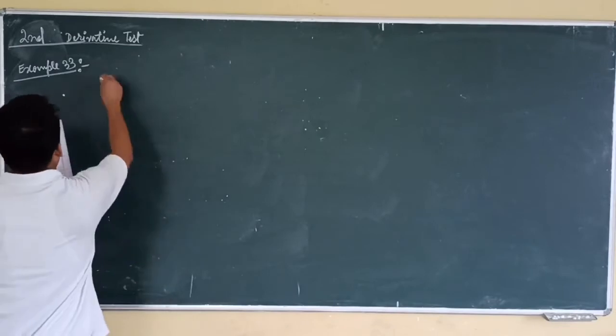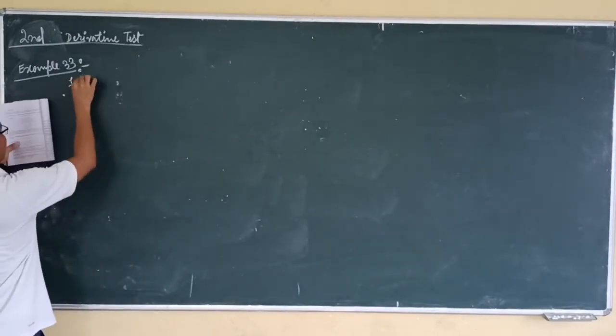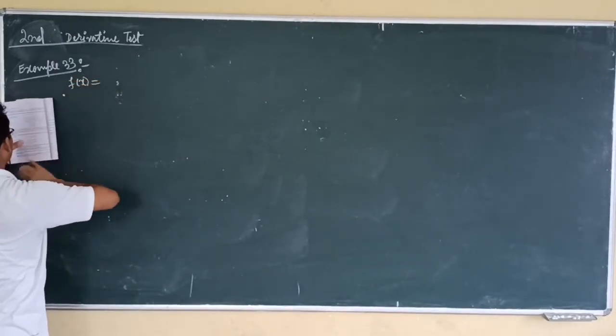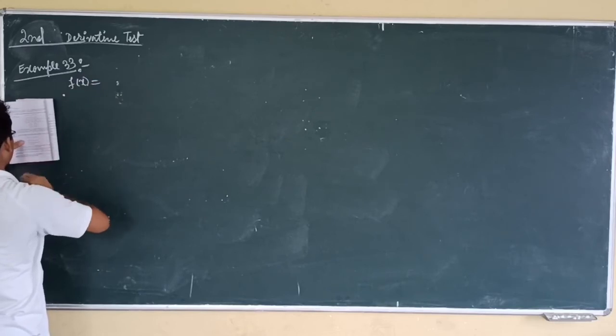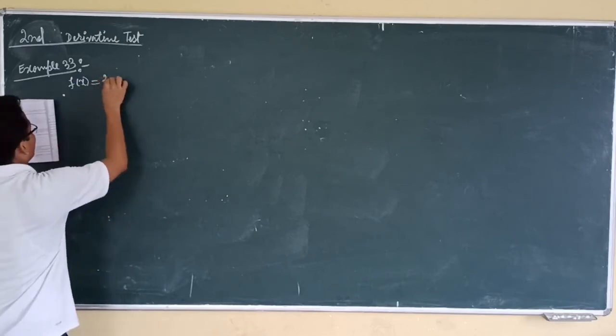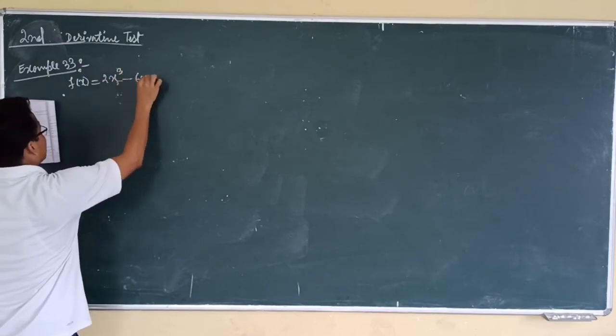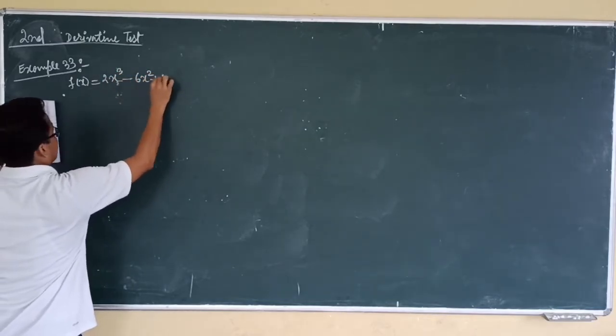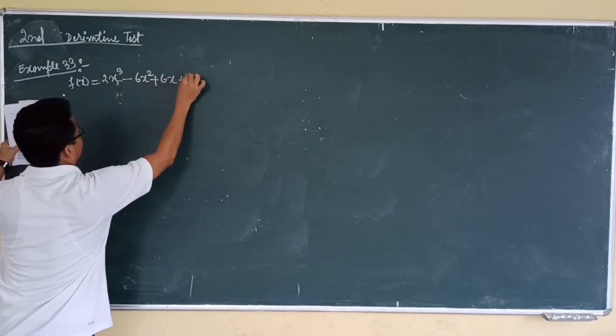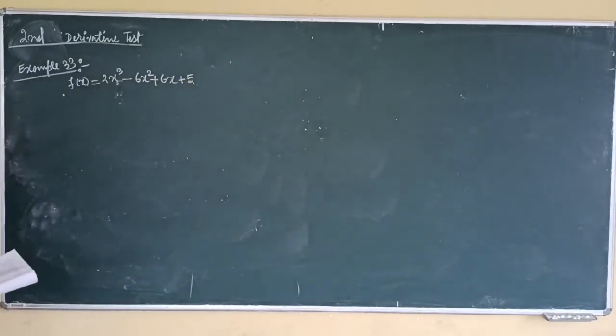Here the function is given: f of x equal to 2x cube minus 6x square plus 6x plus 5. This is f of x.